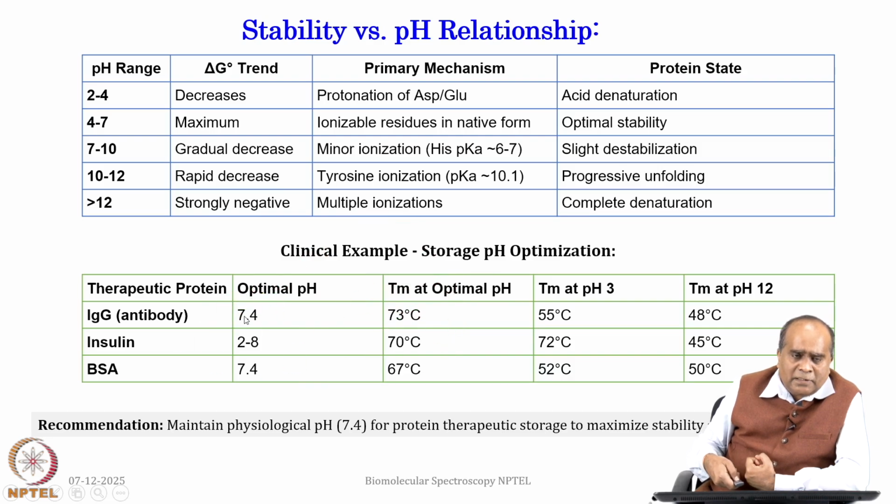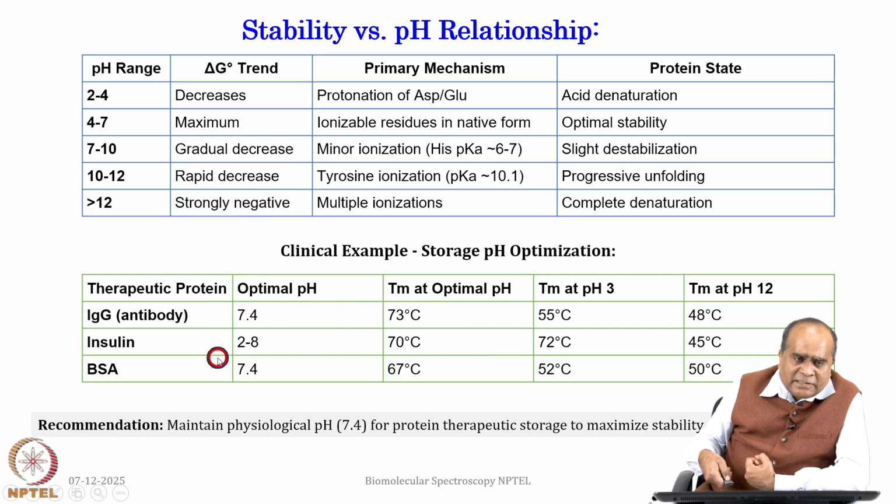If you look at insulin, it is a 51 amino acid, approximately 6 kDa protein. Optimal pH is 2 to 8, right. It is also stable up to 70 degrees, and as you decrease the pH, it slightly increases. If you increase it, it goes down to 45 degrees. For BSA, the optimal pH is 7.4, with a Tm of say 67, and if you increase or decrease the pH, it decreases.